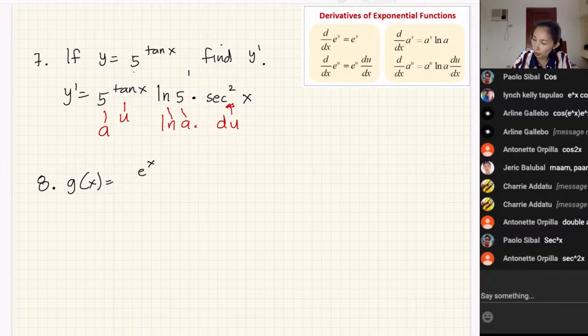I'll change it into, let's say, 3 or 10. Okay? So if you have one like this, g of x is equal to 10 raised to e raised to x. Or let's make it even 2x.